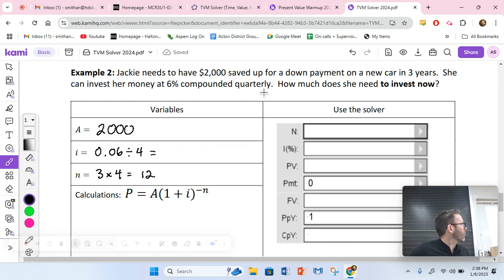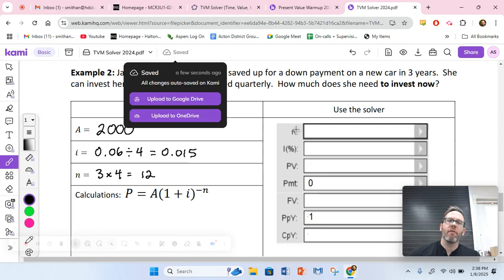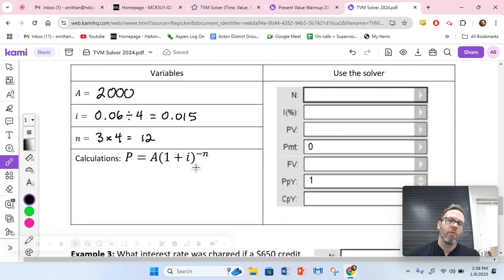Again, we've been using these formulas for 2 days, so I don't feel too bad about going a bit faster at this point. This question is an investment question. How much does she need to invest now? So let's do it by hand quickly so we know what to expect, and then we'll verify that the TVM solver works.